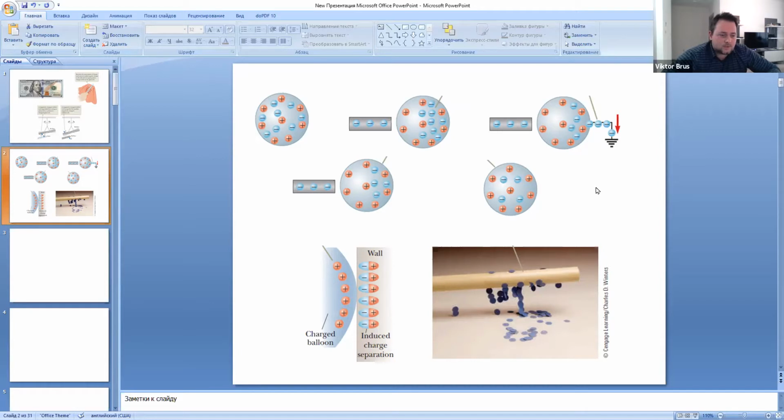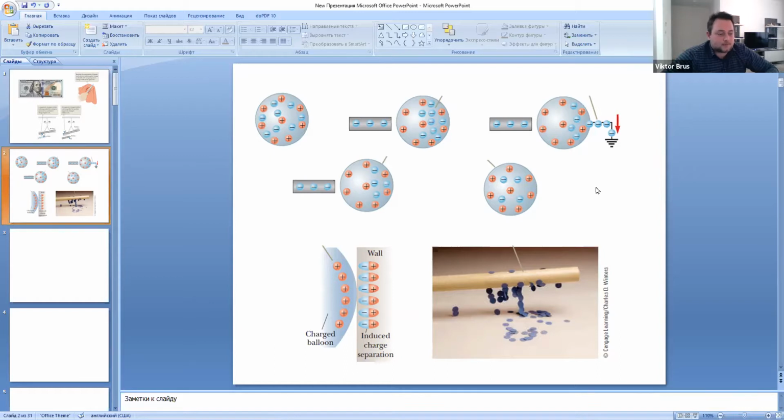We could divide them into two types. One is insulator, another is conductor. The classical example of a conductor is any metal. And in this case, electrons can move freely in the material.